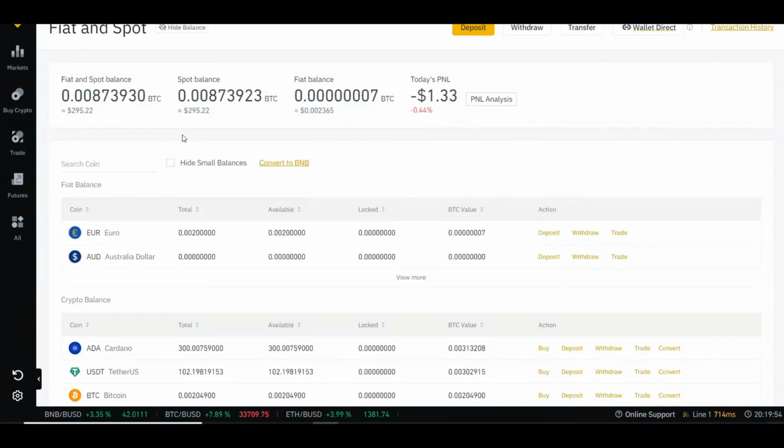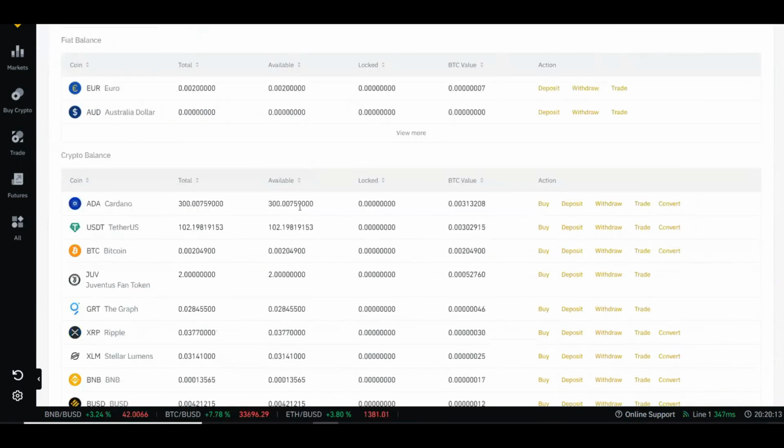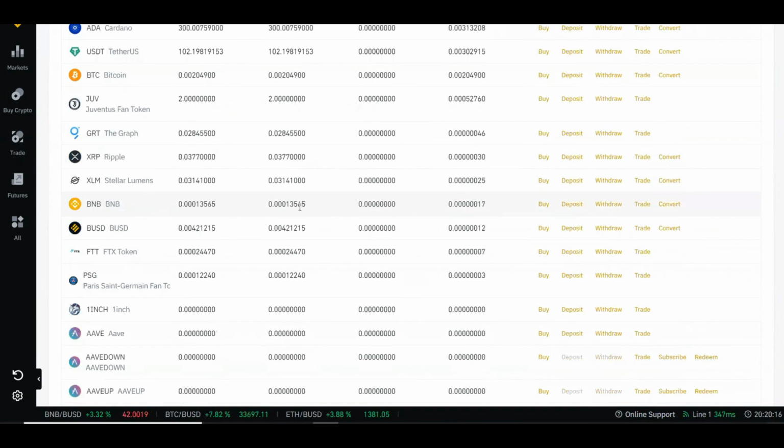You don't need to put in a huge amount of money to make profits. But if you have higher capital and you want to make more profit, it's up to you. Everybody has their own goal. So for example, if I was trading with 1,000, instead of earning like 2,500, I could have earned up to 25,000. So that's how it functions.